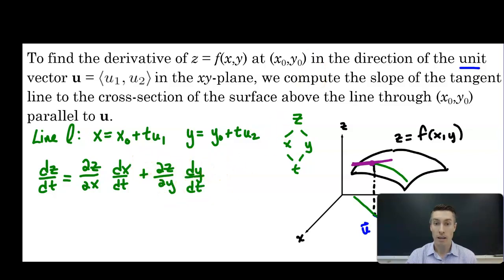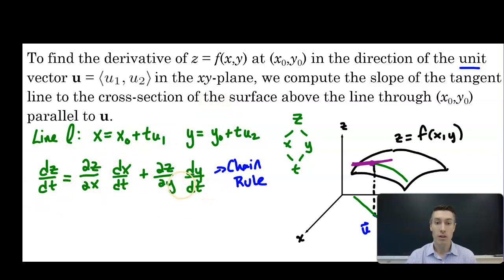And that's all by the chain rule. Okay, so again, on the cross-section, we had the surface, which was a function of x and y, and then x and y became functions of t. That allowed us to expand the derivative that we're looking for with the chain rule.